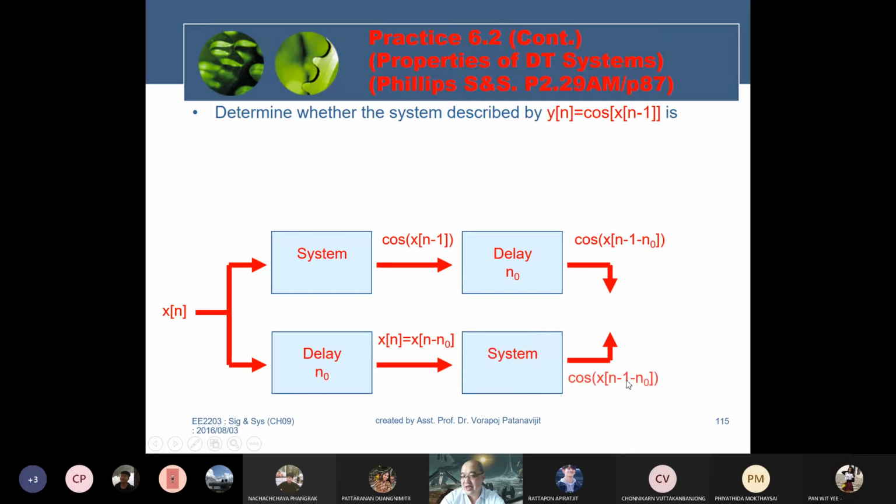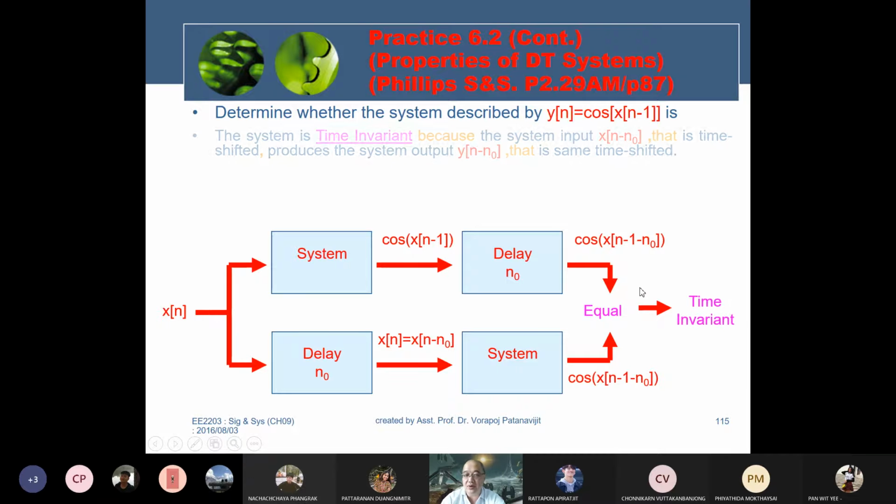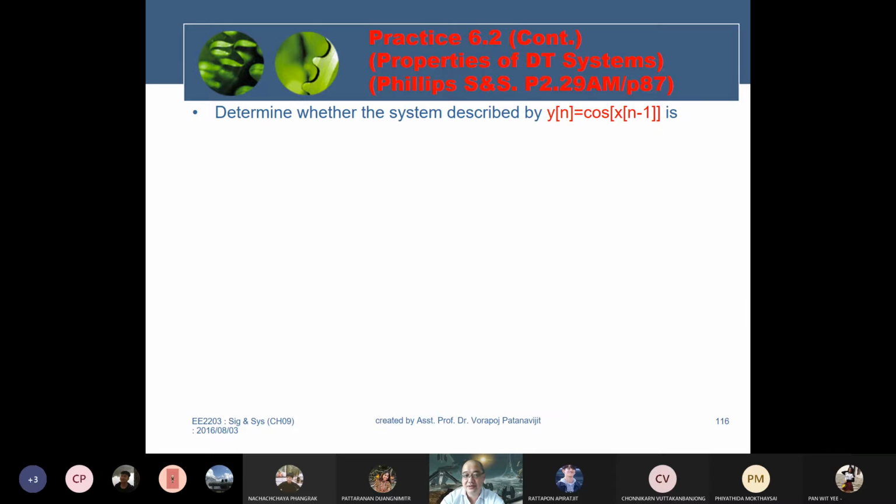You can see the minus n in this case. For this case, fortunately, the output will be identical. It means the system is time invariant, because the system input x[n - n0], that is the time-shifted input, produces the system output y[n - n0], that is the same time-shifted output.